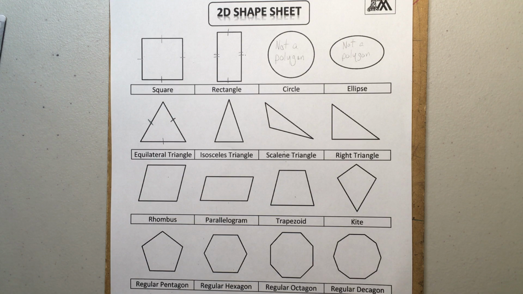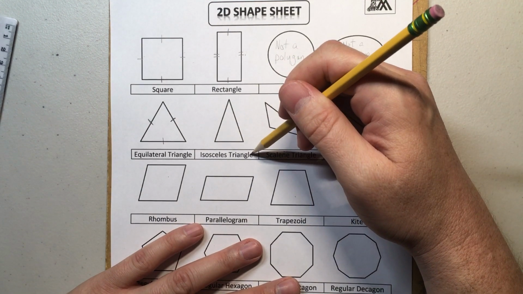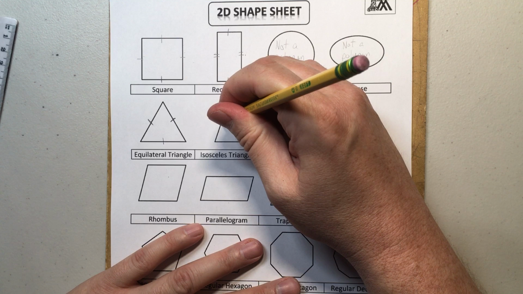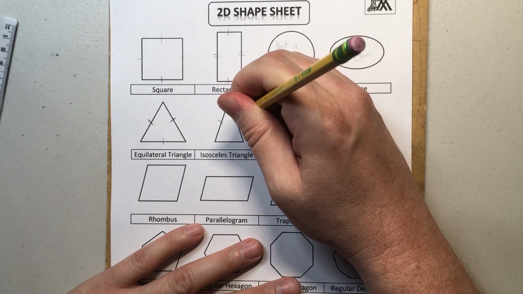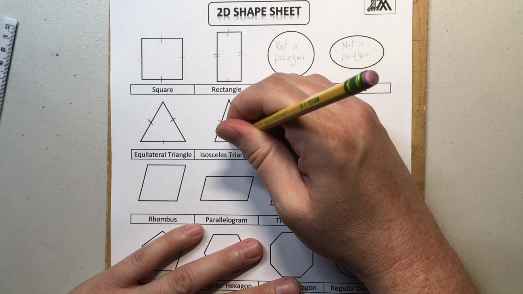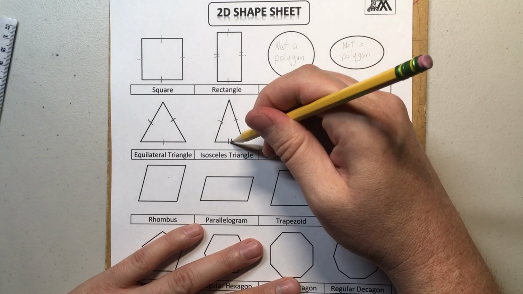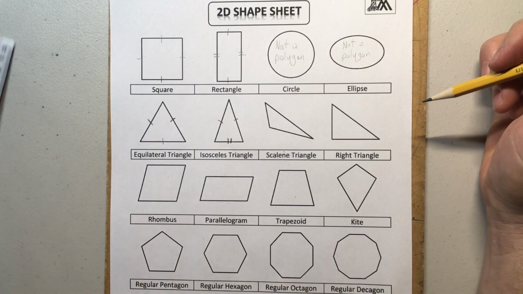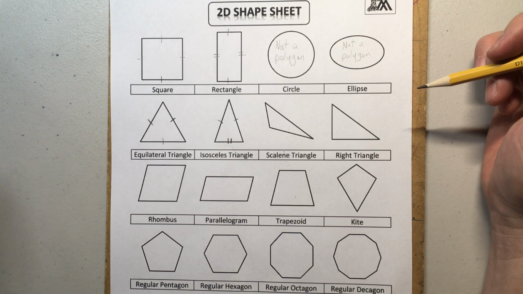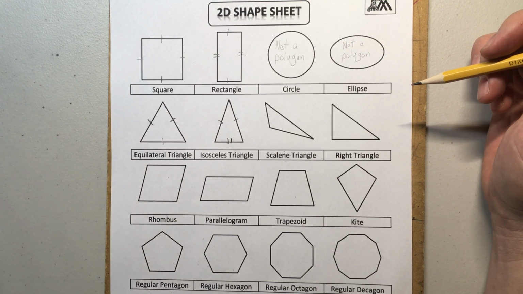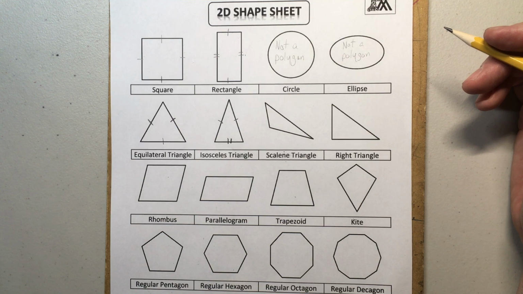The isosceles triangle has 2 sides of equal length, but it has 1 side that is not of equal length. That's what isosceles means: it has two sides of the same length, but one side is not the same length.